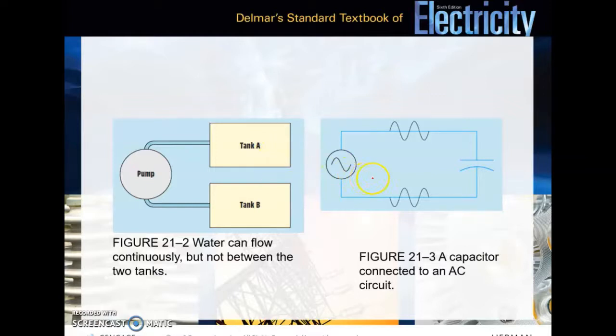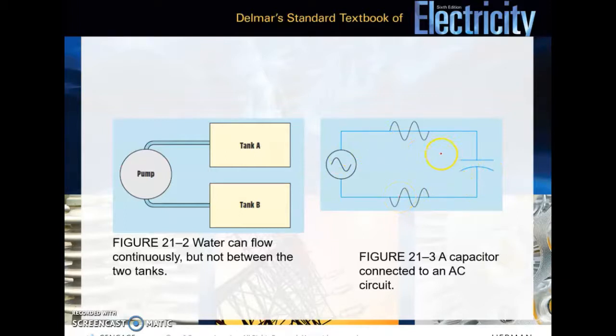So capacitors in a capacitive circuit behave in a very similar way. When one plate is being charged positively, the other plate is being charged negatively. And then when the applied voltage changes polarity, the first plate is being charged negatively while the second plate is being charged positively.